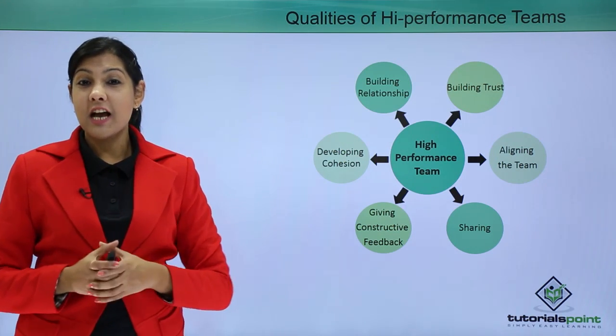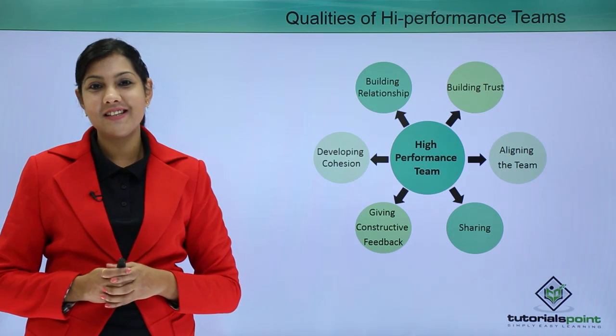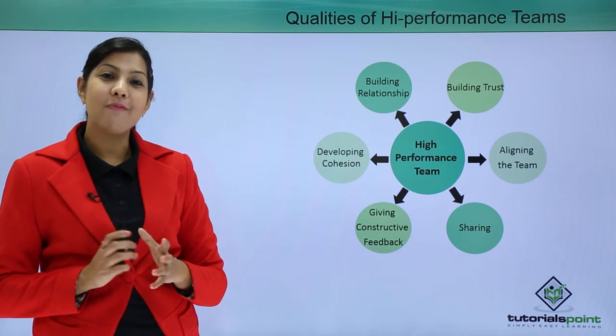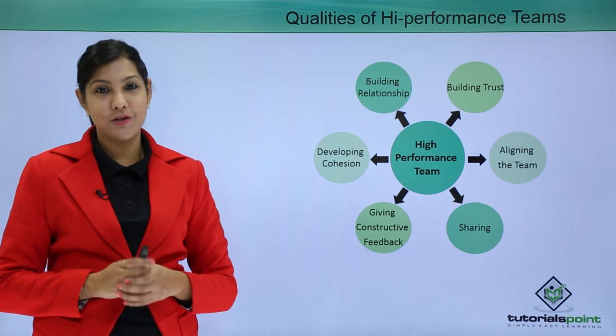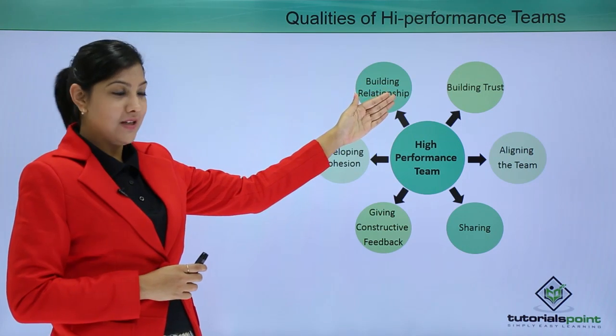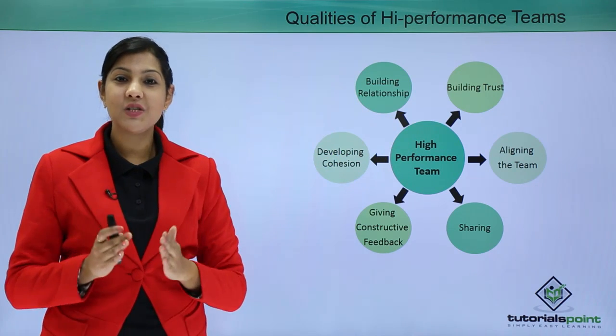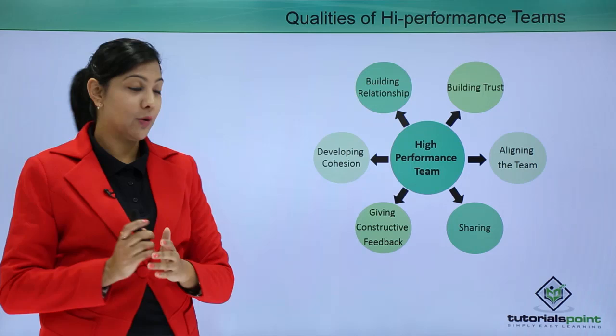Any team which is a high performance team needs to have certain qualities. Now let's, friends, understand what the qualities of a high performance team are, and would you like to be a part of such a team? Well, a high performing team builds trust. It aligns to the team, meaning all the team members are aligned towards a particular goal or a particular vision.